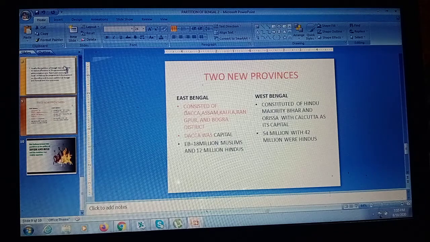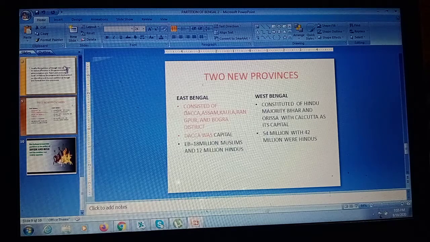But that, of course, was not for administrative efficiency; it was a mere political game, or you can call it a political stunt. It was a political stand taken by the British to hit the Bengali intellectuals, because Bengal was the nerve center of all nationalism in India.